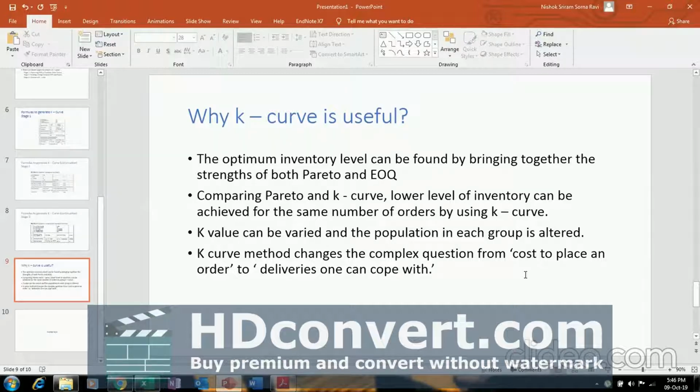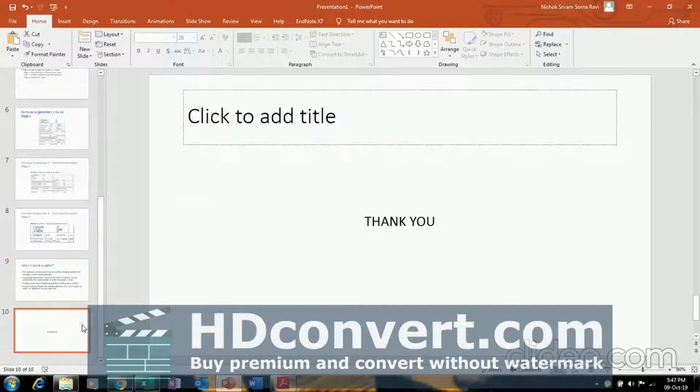But using the K curve, we can change that question from cost to deliveries, meaning the number of deliveries a company can handle in a week, in a month, in 1 year. So this is the benefit of using a K curve over Pareto or EOQ. Thank you.